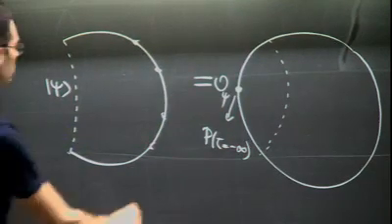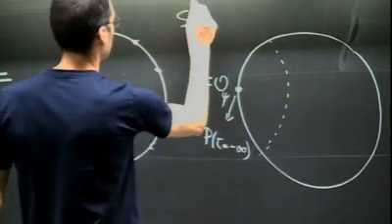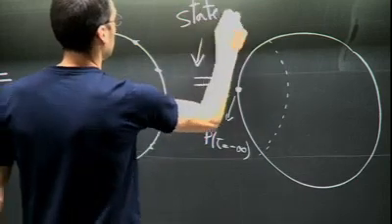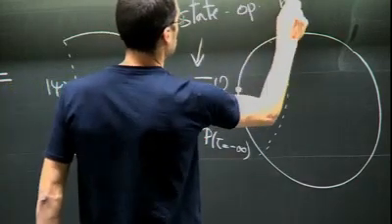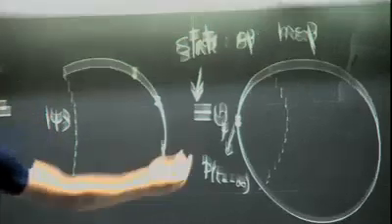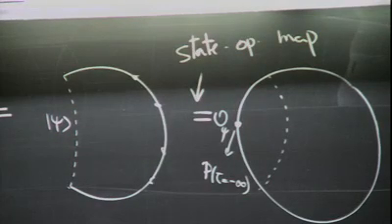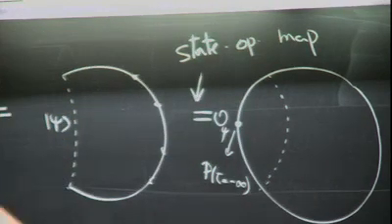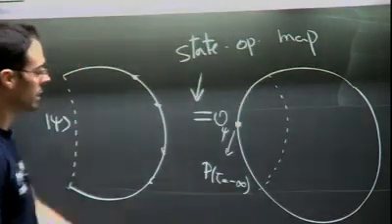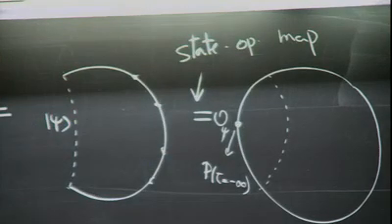So this is the question: can we establish this state operator map? If we can, then we'll have an OPE, because we can replace these two operator insertions by some local operator that creates the same state in this surface.